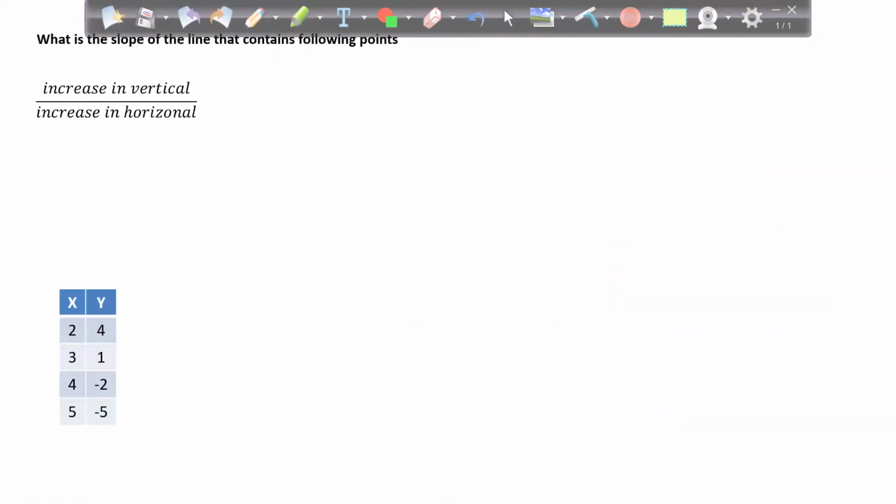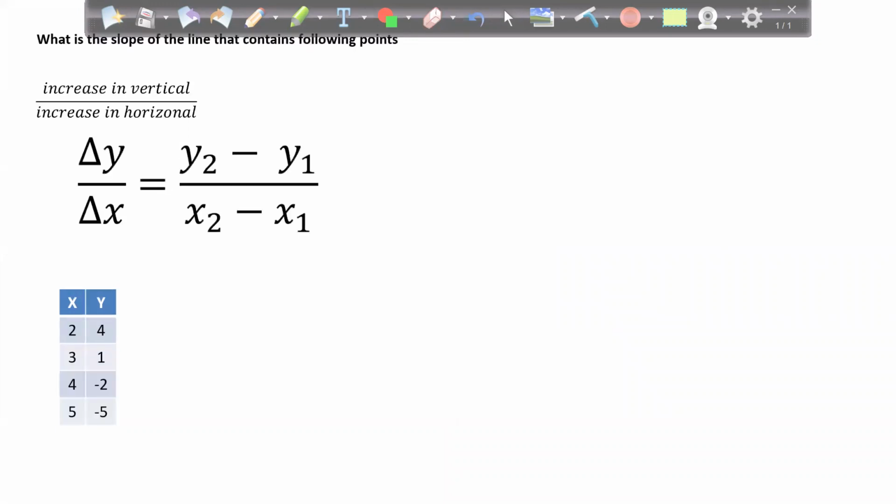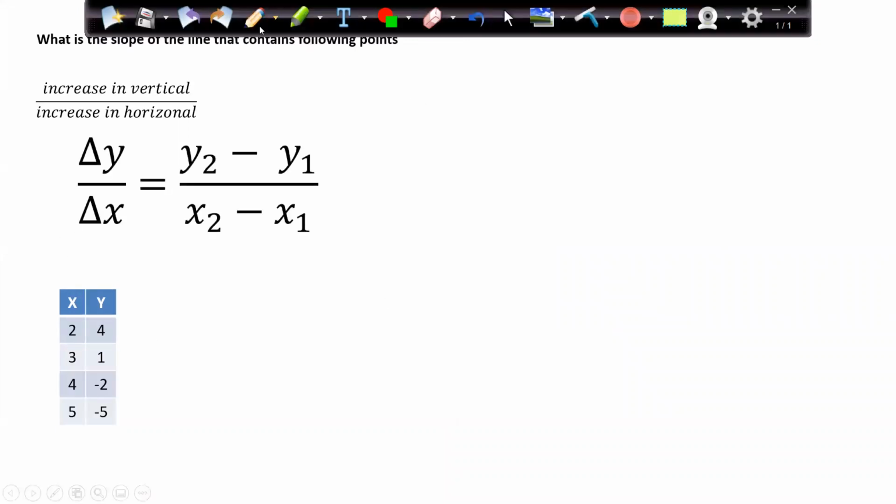Now here is the question again, which says: what is the slope of a line that contains the following points? How will I find the slope of a line? I'll take any two points. Let's say I'll take this point and this point. So let's say this is my x1, y1 and this is my x2, y2, and I'll place these values in this equation.